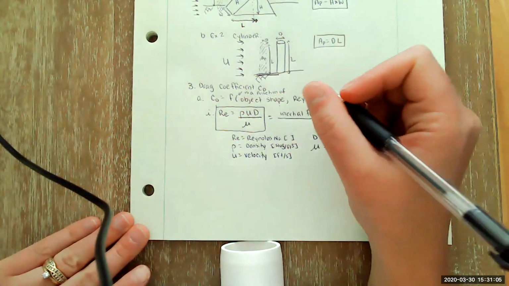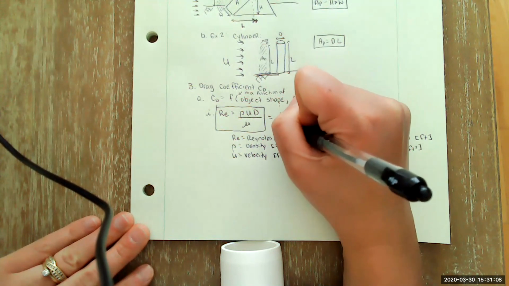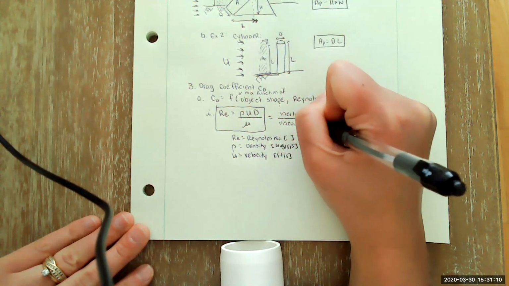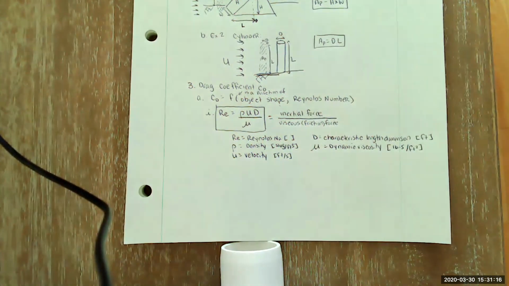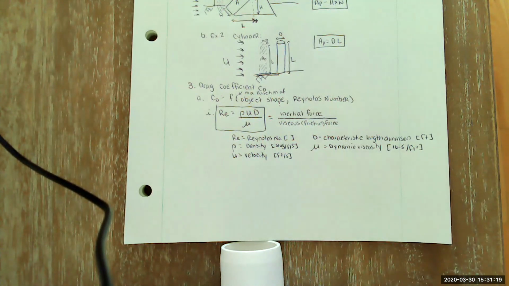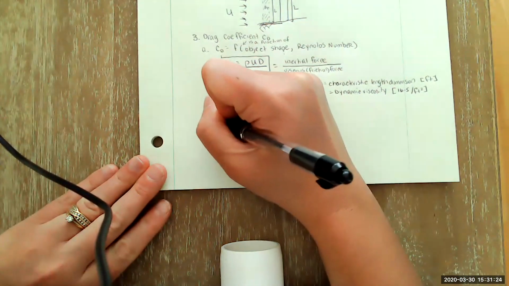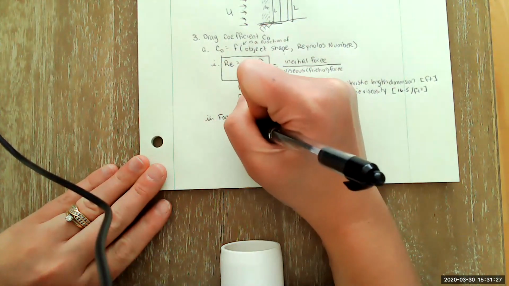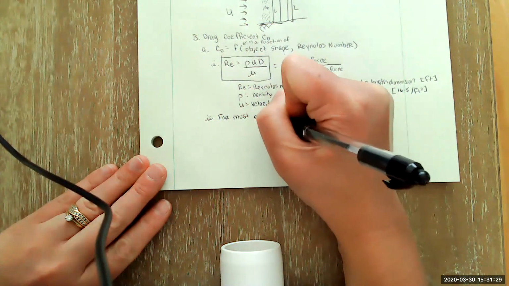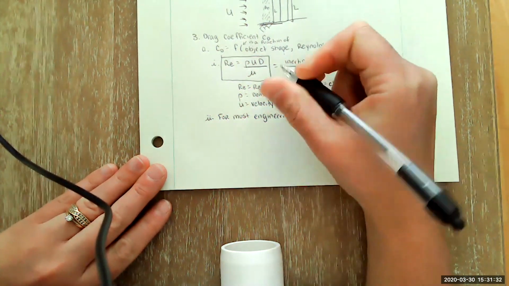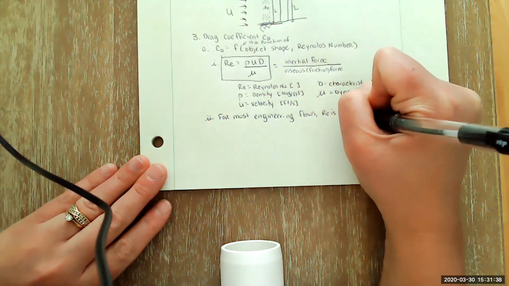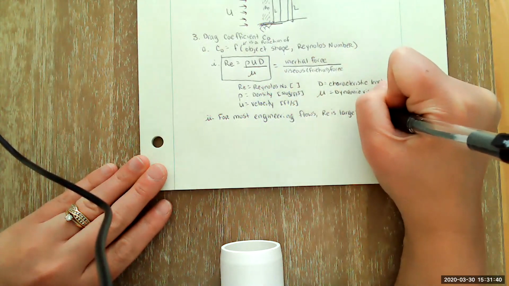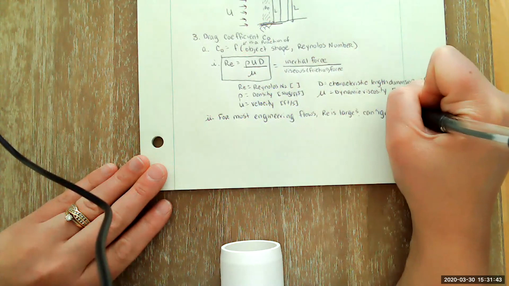So we're basically comparing our inertial forces to our viscous or friction forces. And if the Reynolds number is really big, we can say that inertial forces dominate. This is the case for most engineering flows. So for most engineering flows, the Reynolds number is large, and we can ignore friction.